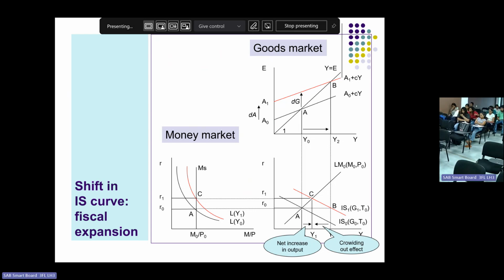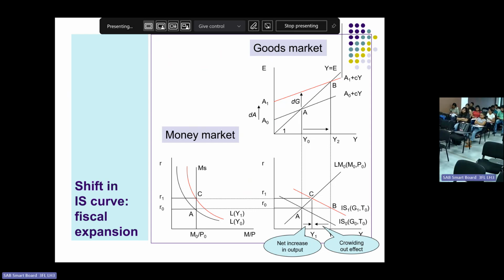So if you look at this IS-LM analysis, with the particular level of government expenditure G0, and the level of the money stock and the price, this is the initial equilibrium. R0 and Y0, those are the equilibrium points, right?